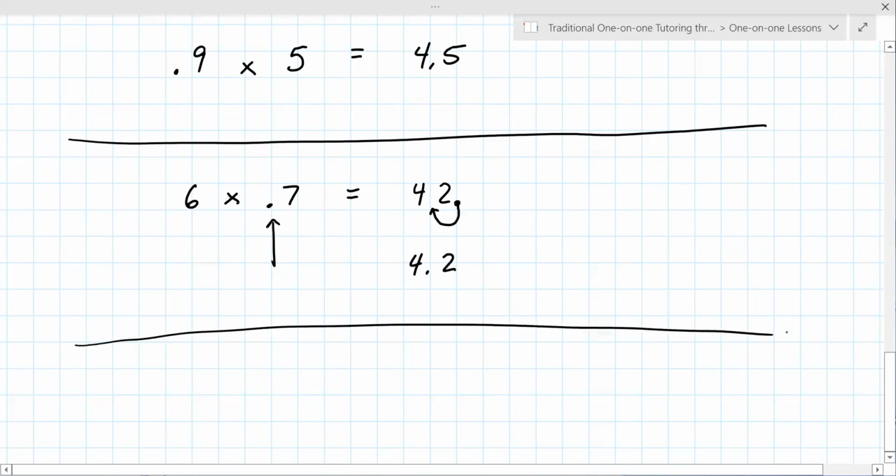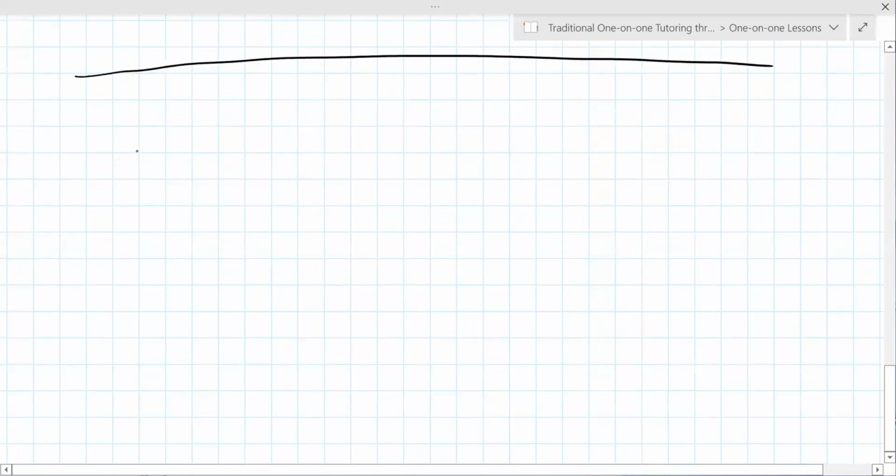Okay, so let's have you try a couple problems around here. Let's go 3 times 0.9. Have you try that one, and then 8 times 0.7. Go ahead and try those on your own, please.